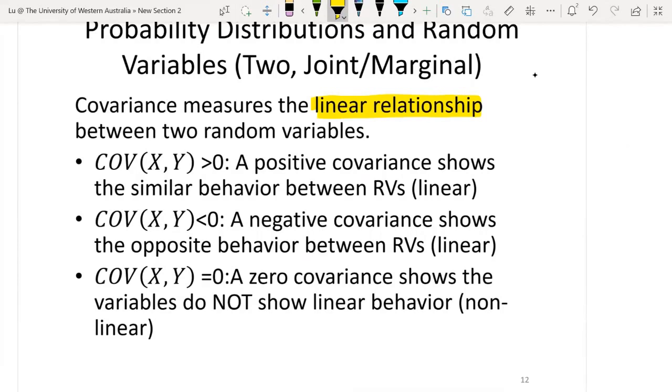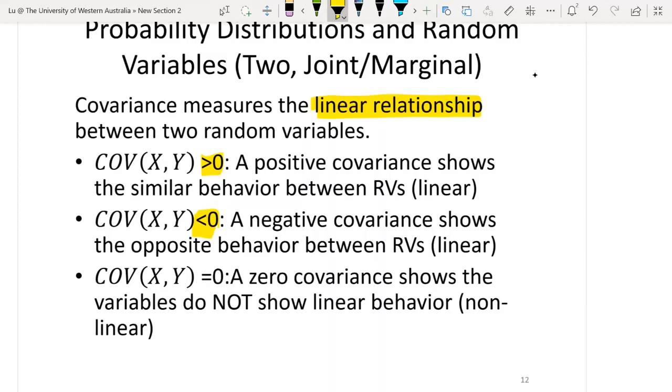If the covariance value is positive, in other words greater than 0, that means these two random variables have a positive or similar linear behavior between each other. If the covariance value is negative, that also means these two random variables have a linear relationship between each other, but the behavior will be opposite. Don't worry, we are going to see an example to understand this.